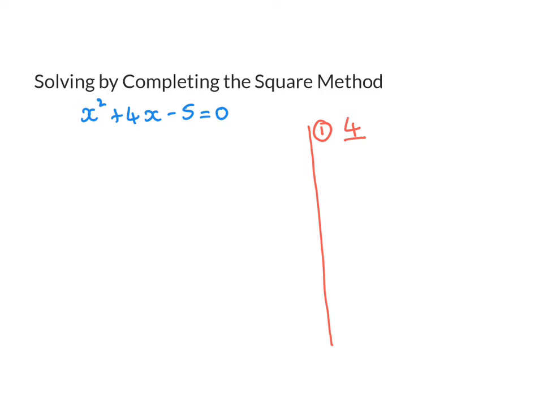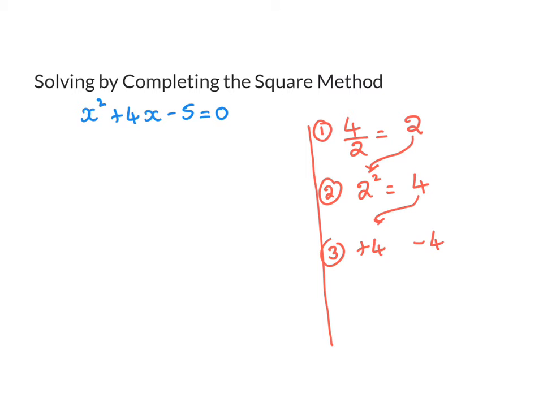Take half of that, which in this case is 2. So that's the first step. Take half of the coefficient of x. The second step is to square this. And what does that become? 4. The third step is to add this number and subtract this number on the same side of the equal sign.